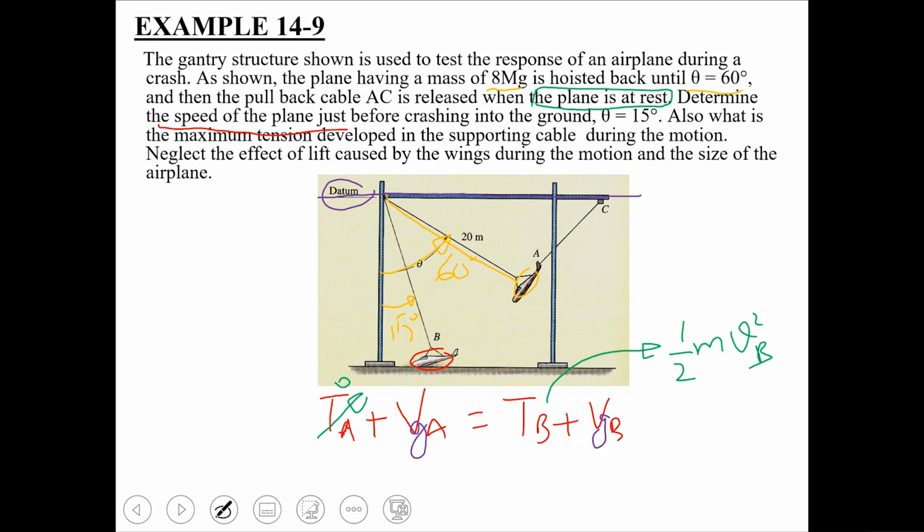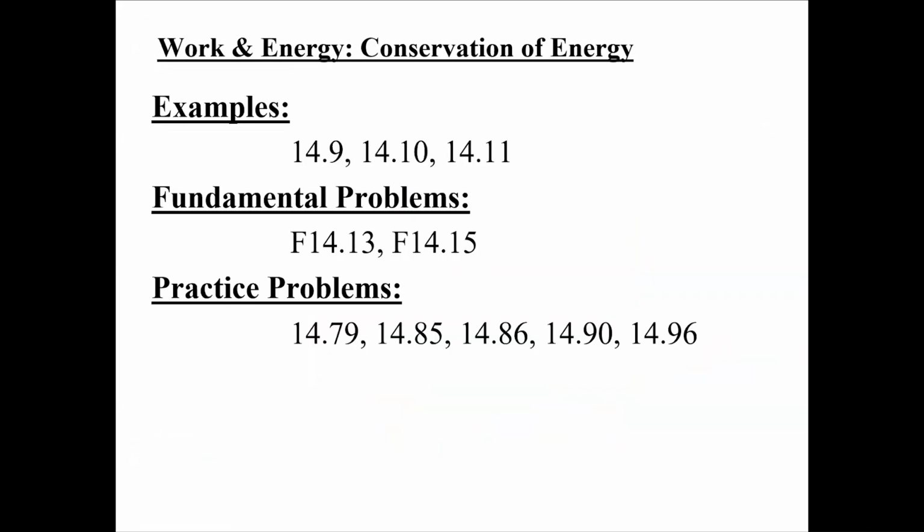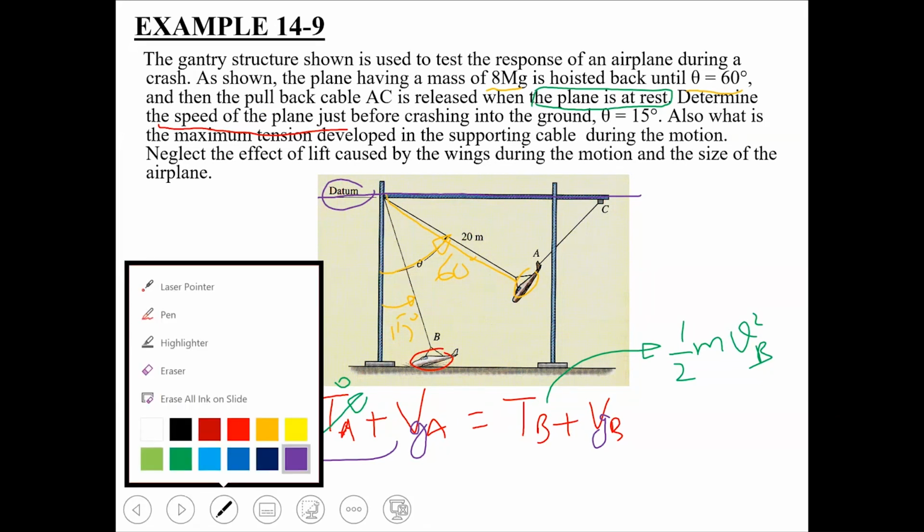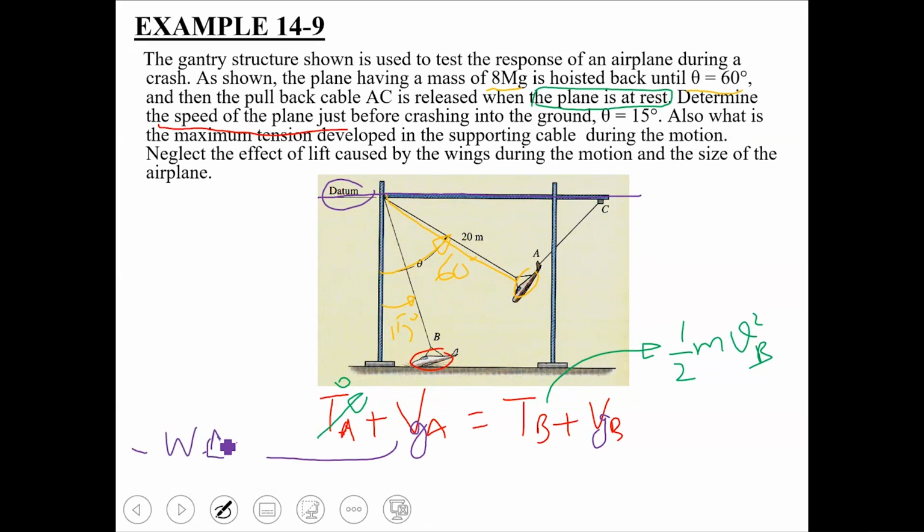Okay, if I have defined position C as my datum, since position A lies below the selected datum, what should be the sign of gravitational potential energy at A? Negative. Minus W times delta Y, and what is going to be delta Y?